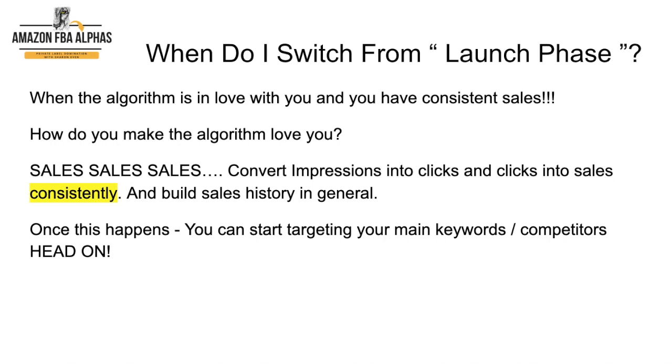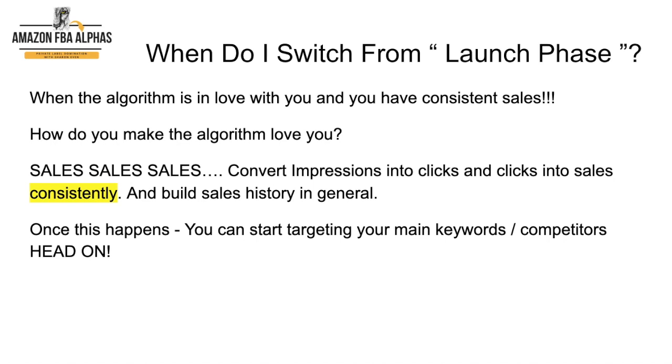All right, so when do I switch from the launch phase? When the algorithm is in love with you. Okay, when you have consistent sales. That is when you can start moving to the next phase, which is scale. Okay, well, this is how I call it. I call it scale. After scale comes maintenance. How do you make the algorithm love you?